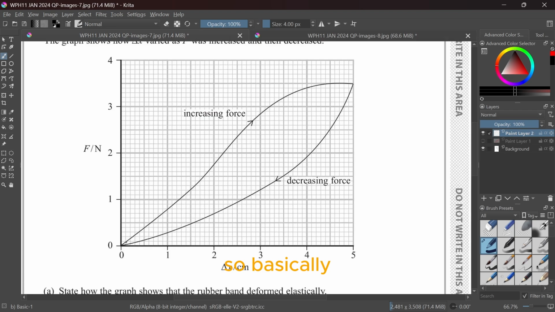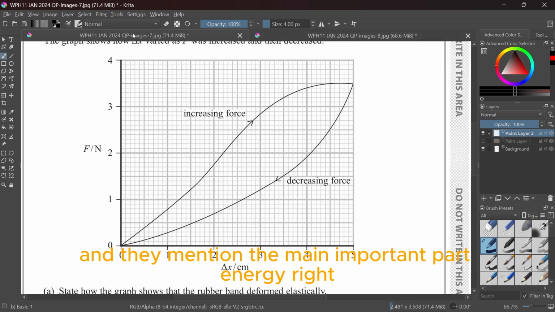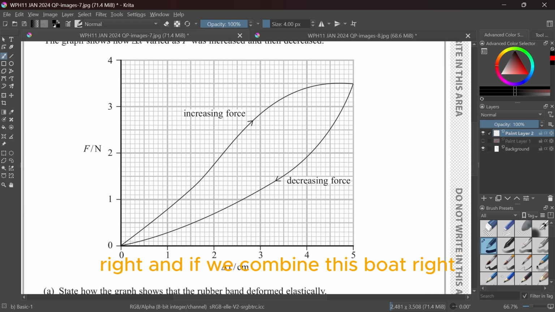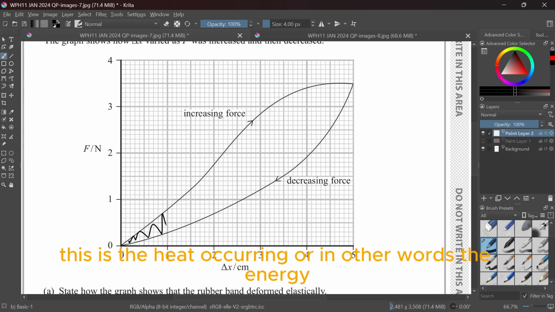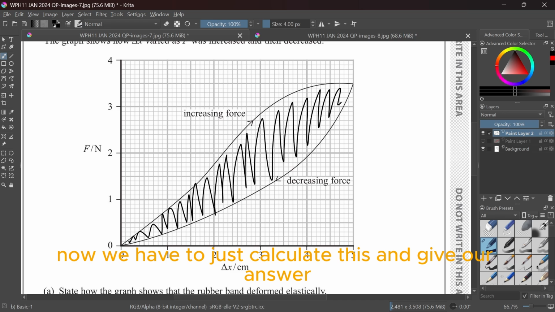They mentioned the important part, energy. So where do we get our energy? From the area under the graph. And if we combine these both, this is the heat occurring, or in other words, the energy, this is your energy right here, but in the heat form. So now we have to just calculate this and give our answer.